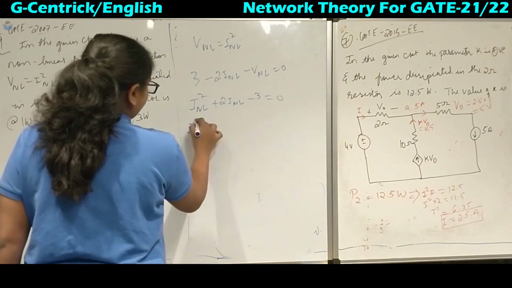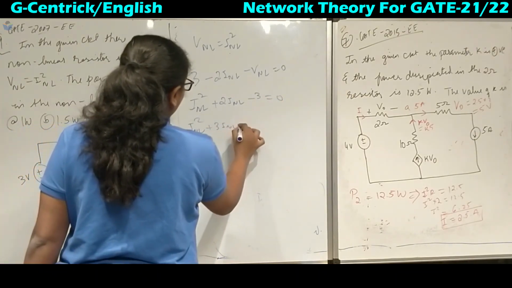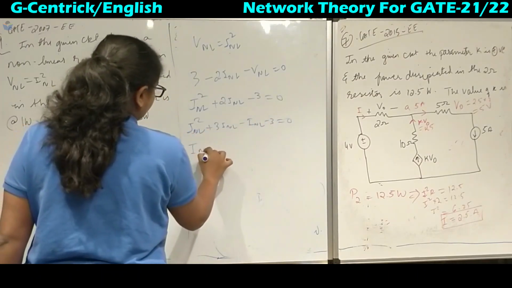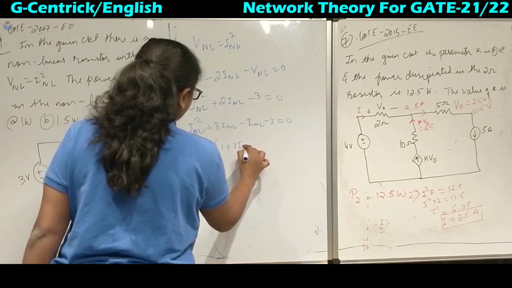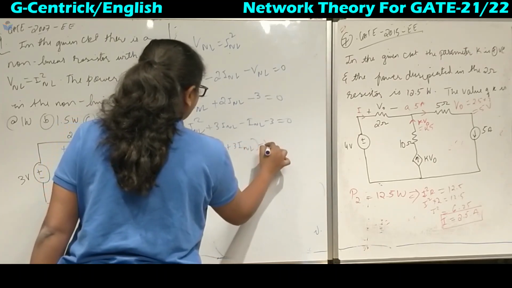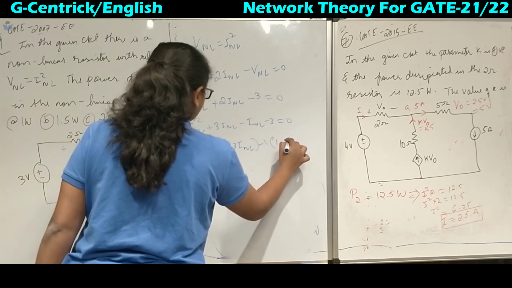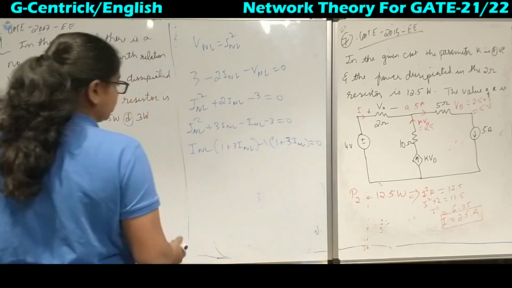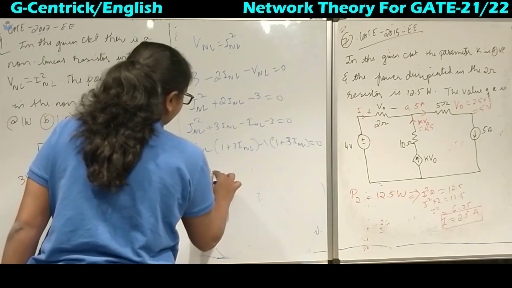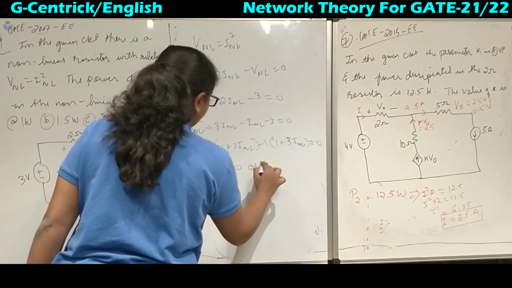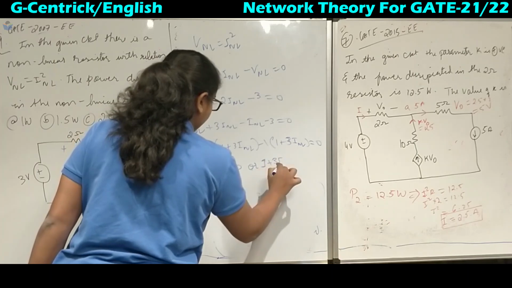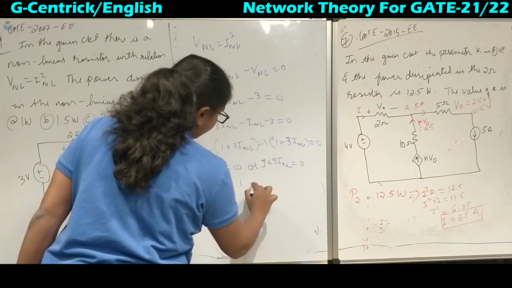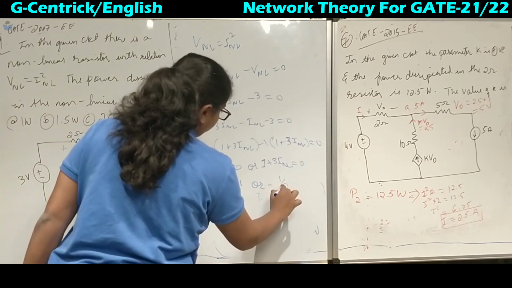So this is INL minus 1 times INL plus 3 equal to 0. So INL minus 1 equal to 0 or INL plus 3 equal to 0, so you will get the value of INL as 1 or minus 3.